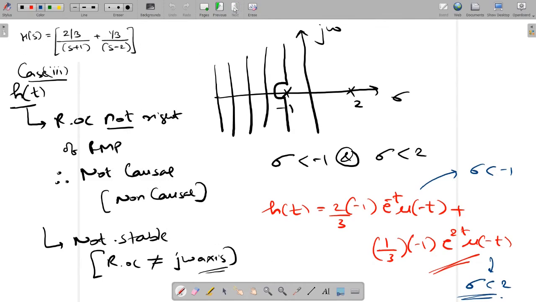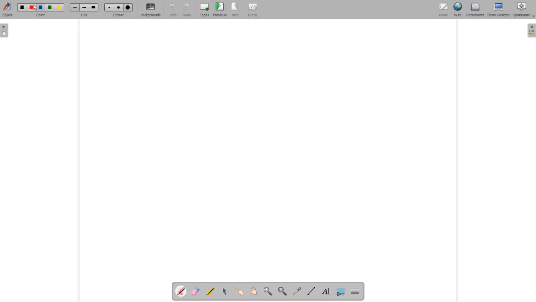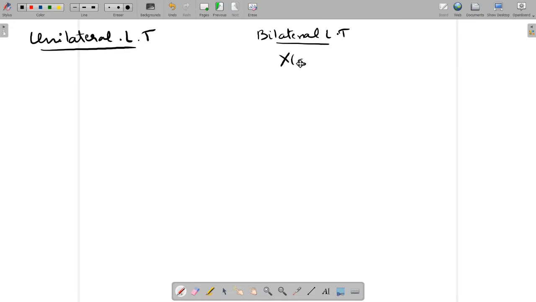In the last part of the Laplace transform topic, we are dealing with a topic called unilateral Laplace transform. Bilateral Laplace transform we have seen: X of s is the integral of x of t e raised to minus st dt.